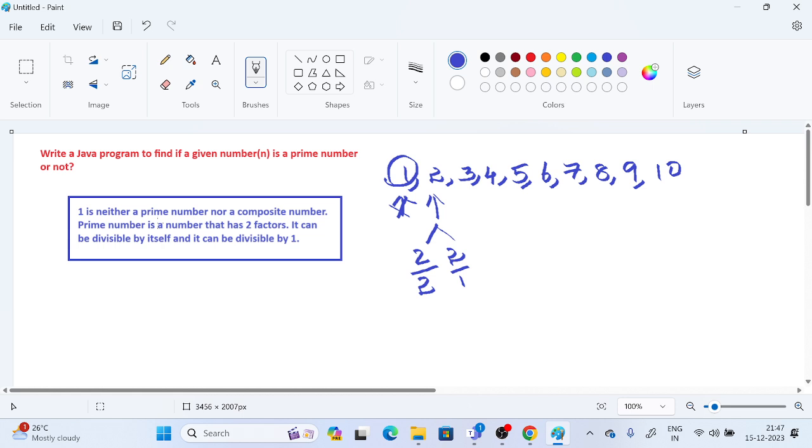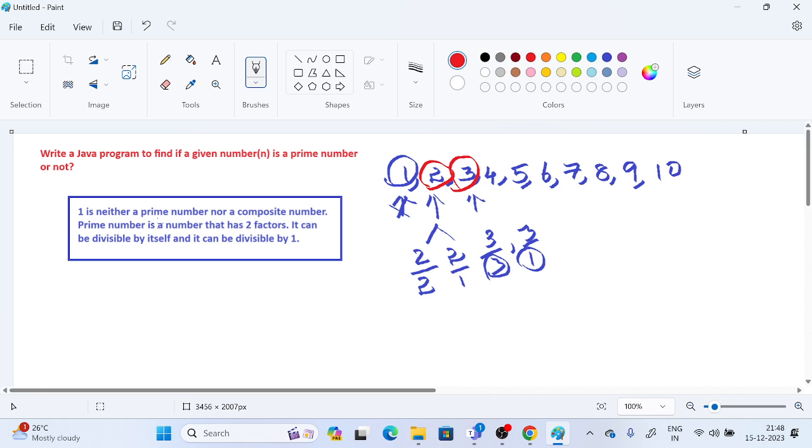So 2 is a prime number. If you take 3, 3 is perfectly divided by 3, and 3 is perfectly divided by 1. You cannot divide 3 with any other number apart from these two. So 3 is also a prime number.